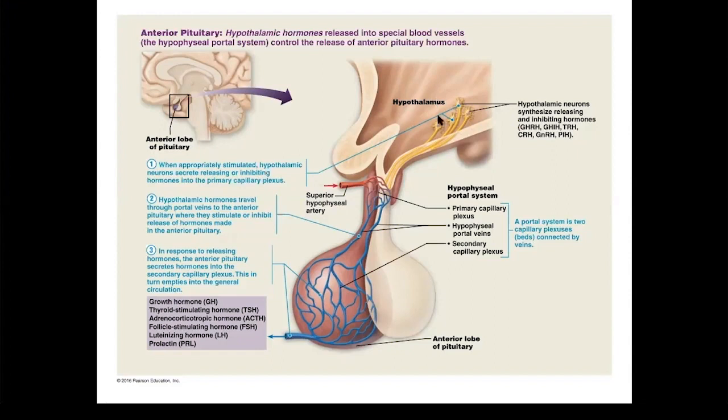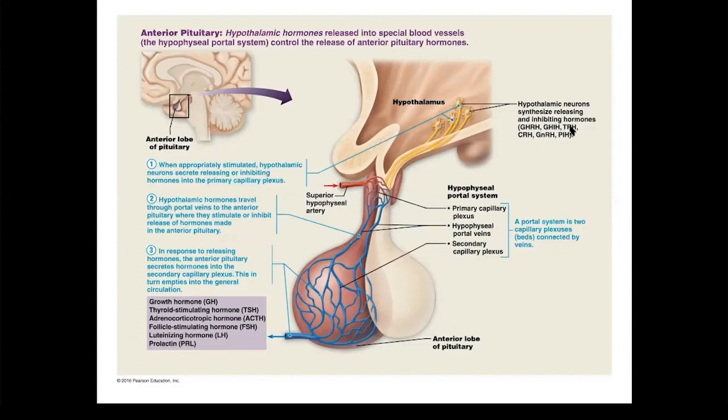Recall that the hypothalamus will secrete tropic hormones that will regulate the anterior pituitary. Those tropic hormones will either be releasing or inhibiting hormones. They include growth hormone releasing hormone, growth hormone inhibiting hormone. Both of these hormones regulate the release of growth hormone from the anterior pituitary.